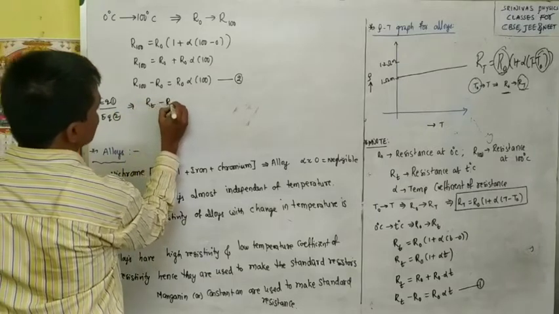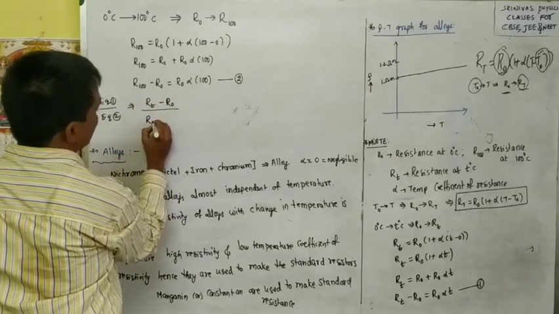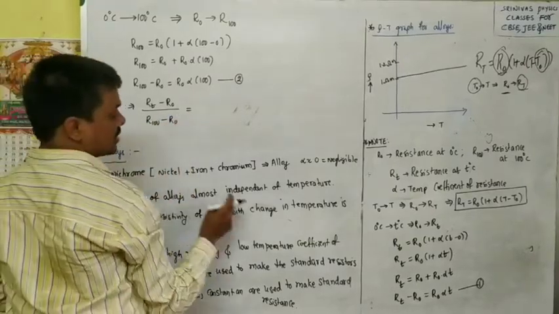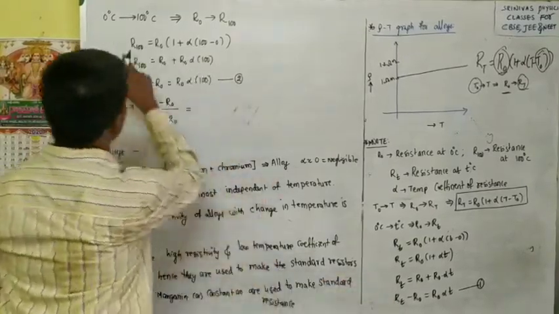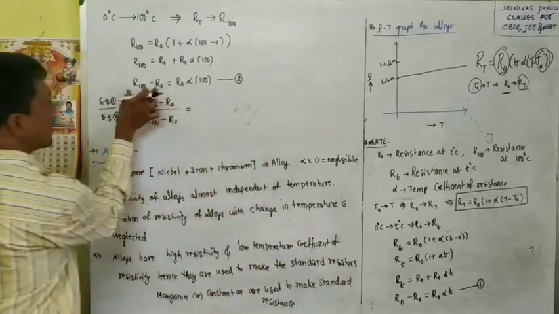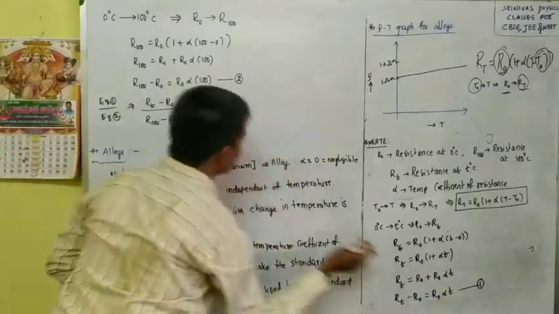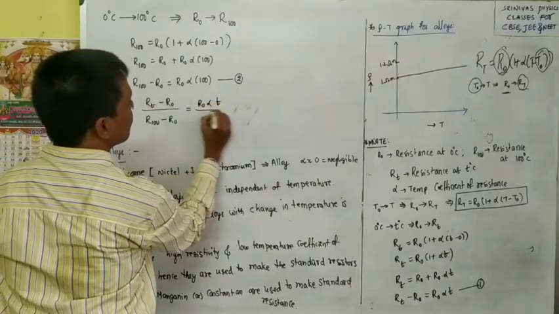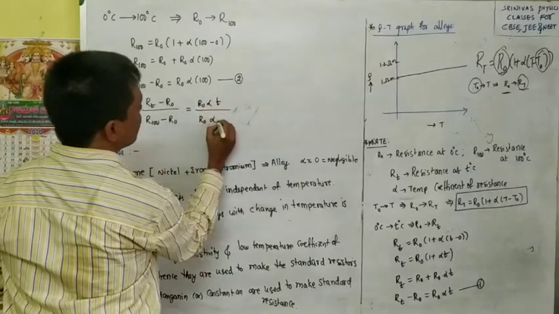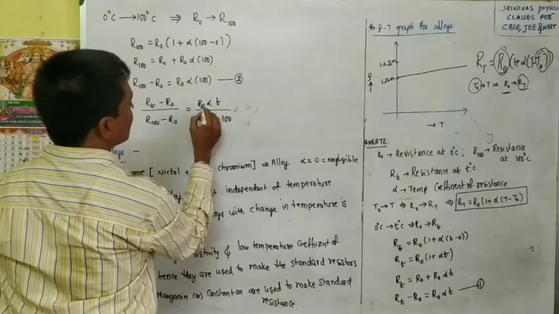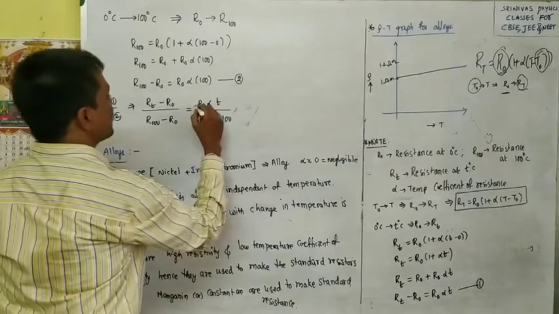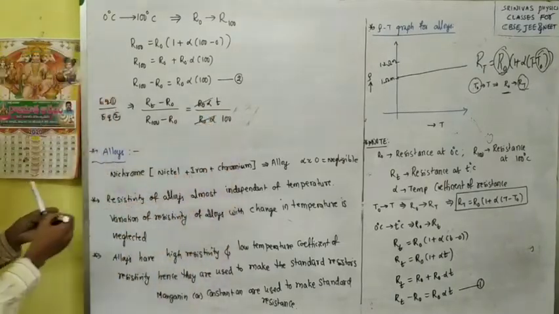Rt minus R0 by R100 minus R0 is equal to, on the right side, R0 alpha t by R0 alpha 100. This R0 alpha will cancel.